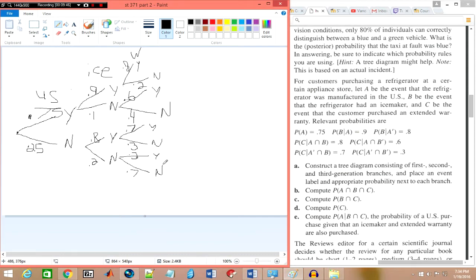So that's going to be 0.8 and 0.2. And then that's going to branch out. Yes, no, yes, no. And that's going to be 0.8, 0.2, 0.6, 0.4. 0.7, 0.3 and 0.3, 0.7. All right, there we go.